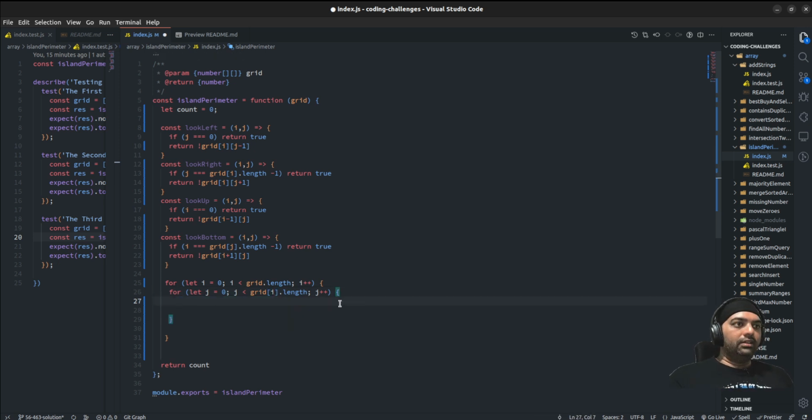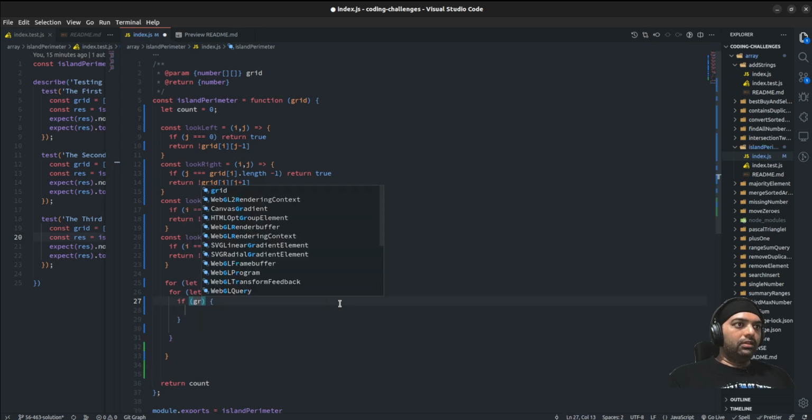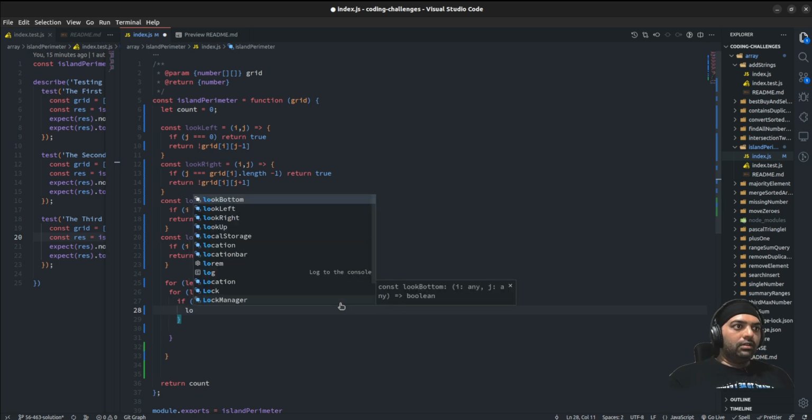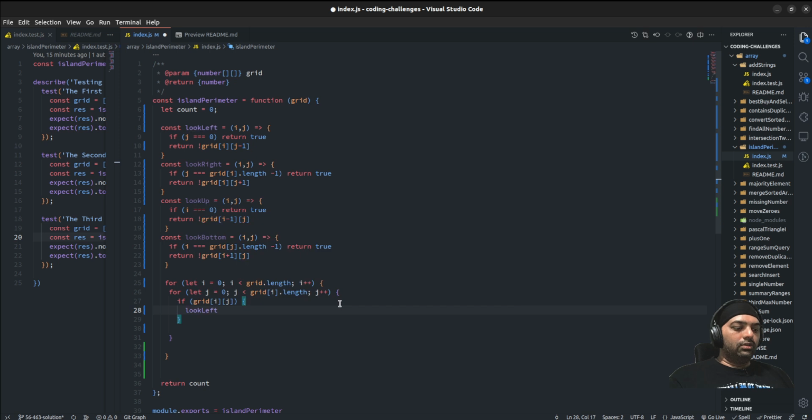And now we have the if statement, if grid of i and j is a land cell, then lookLeft of i and j, and it would be going for count plus plus, so it would be incrementing the counter.